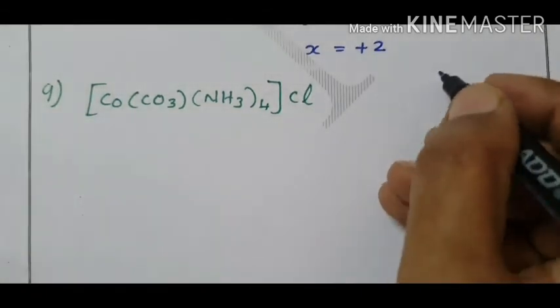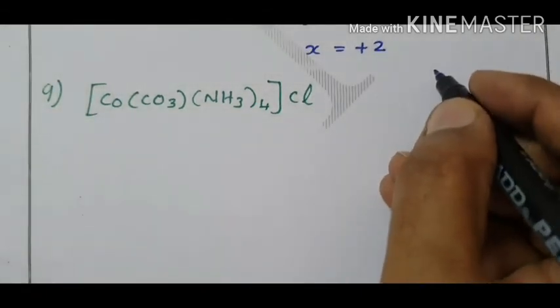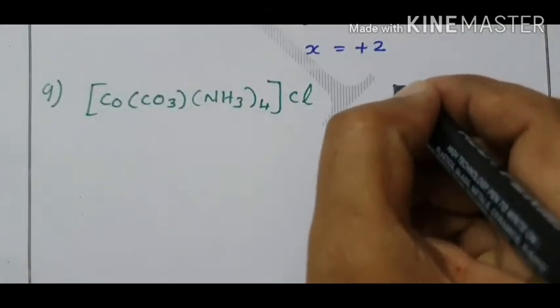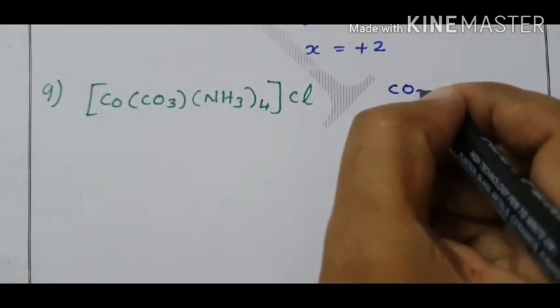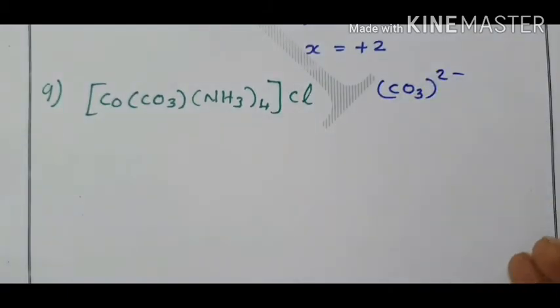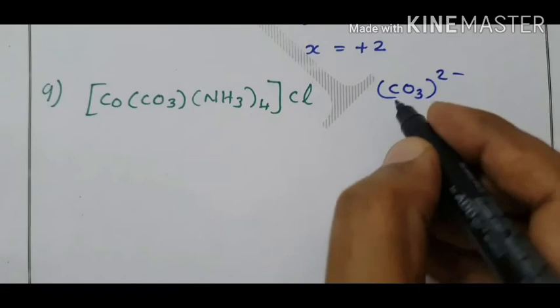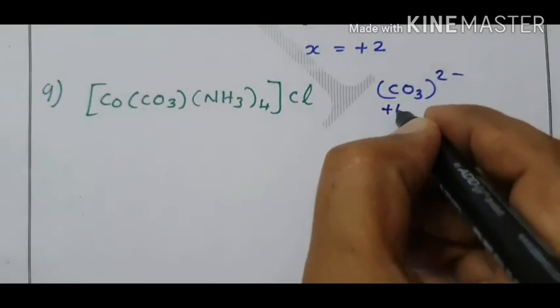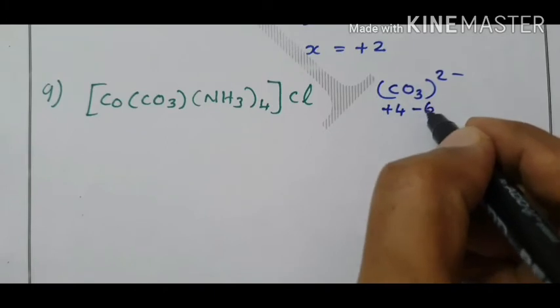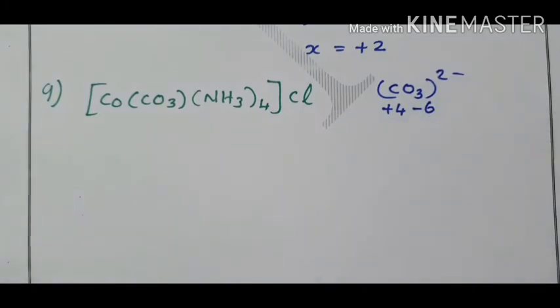Carbonate ligand charge is 2 minus, CO3 2 minus. How to get that 2 minus? Carbon oxidation state is plus 4. One oxygen is minus 2, three oxygens minus 6. When we add these two, we get minus 2. So carbonate oxidation state is minus 2.